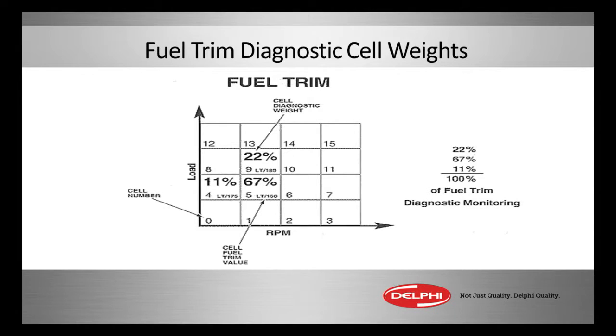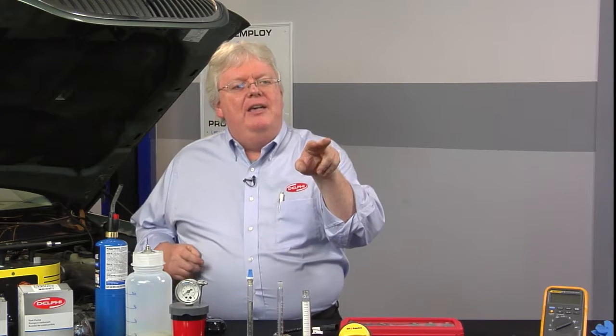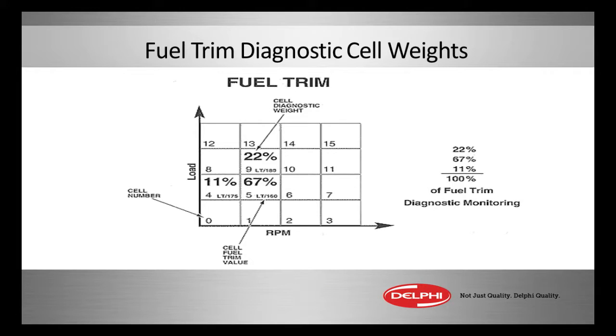Now, those memory blocks are not created equal. We see some numbers, and these are in the old block learn integrator format, like 160 and 165 and so forth, 175. But you can just say those are positive numbers. We're adding fuel. These different blocks of memory have different values of importance. The engineers have said, you know what, block number 5 is a 67% weighted value.